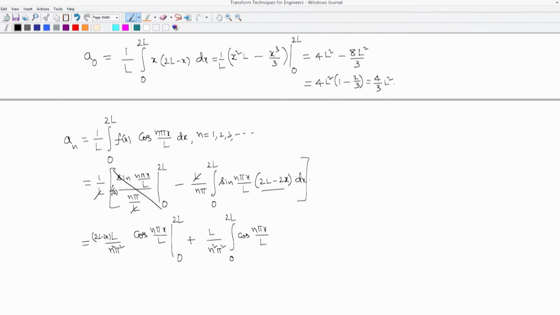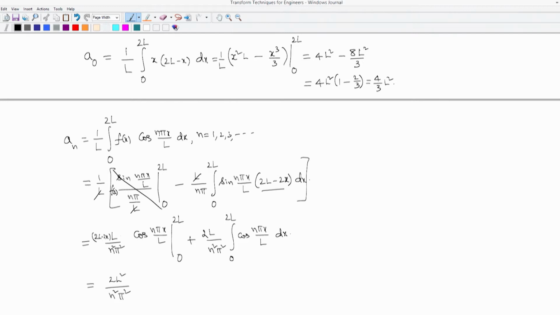So, it is going to be plus 2 L dx. So, here now you can see 2 L minus x, L minus 2 L minus 2 L, and you put x equal to 0. So, you get 2 L square divided by n square pi square, cos 0 is 1.